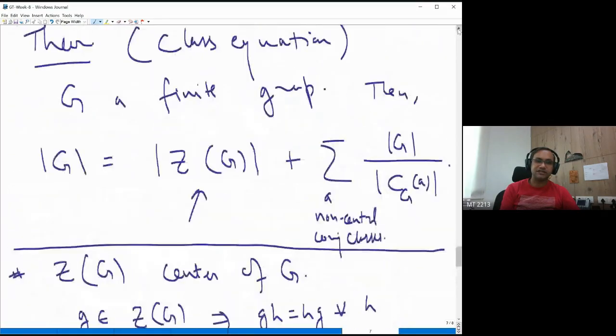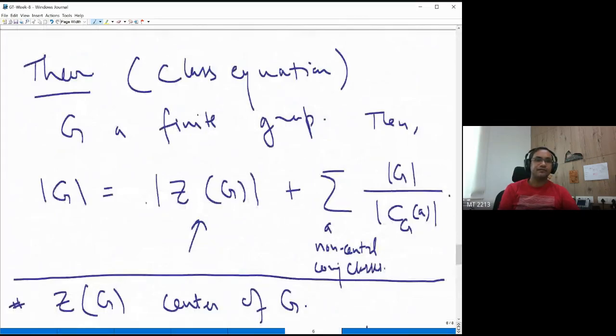Okay. So we understand what the center is here in this equation. This is called the class equation, and in the class equation we have collected all those elements whose conjugacy class has a single element, and that is nothing but the size of the center of the group. All right, and then, as you have seen in the orbit stabilizer theorem, I have the order of G divided by the order of something, and this runs over non-trivial sizes, basically.